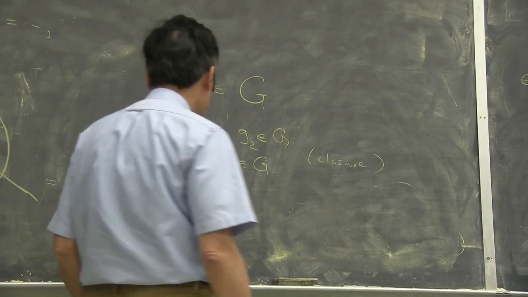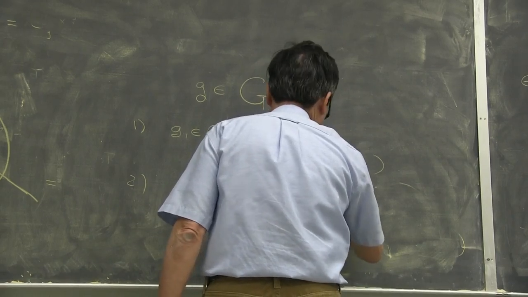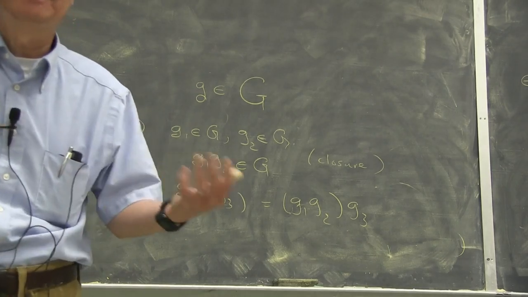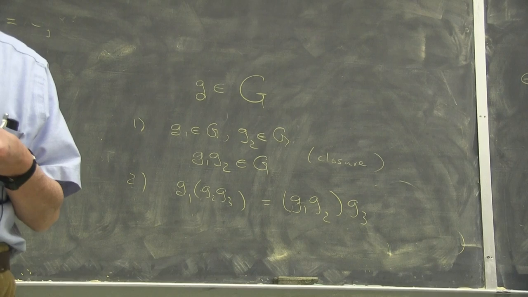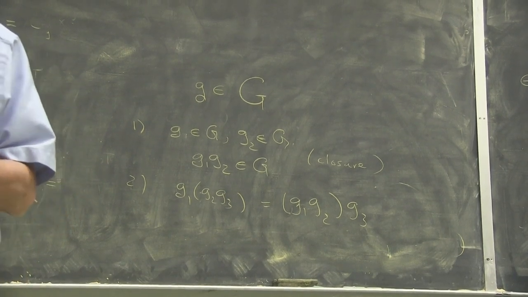The associative property simply says that this is equal to G1, G2 bracketed, and then G3. You would think that this is, of course, obvious, but it's taken as an axiom. There are things which don't satisfy this associative multiplicative axiom, and such things are not called a group.